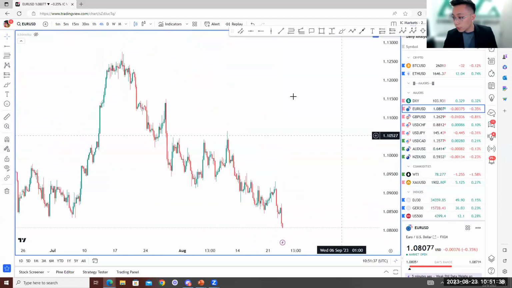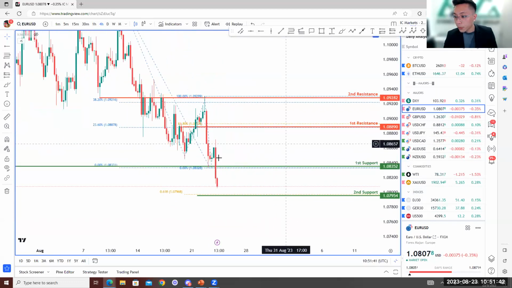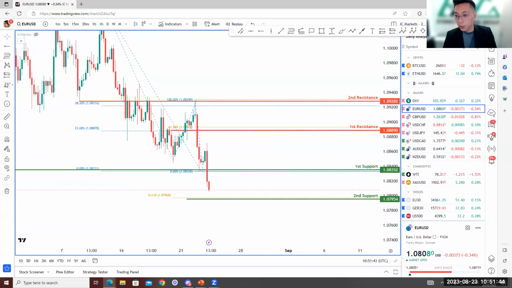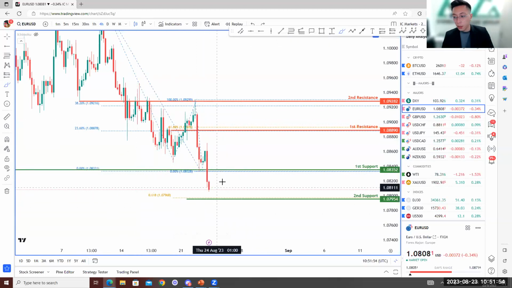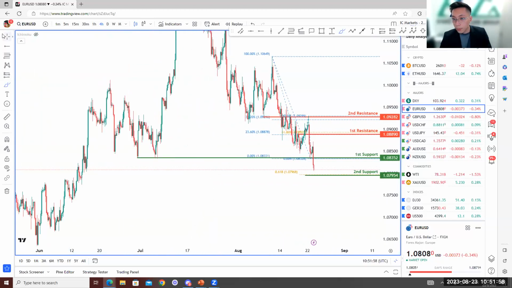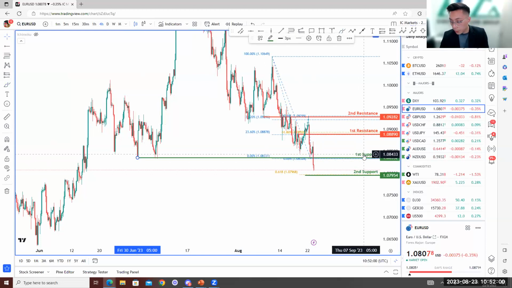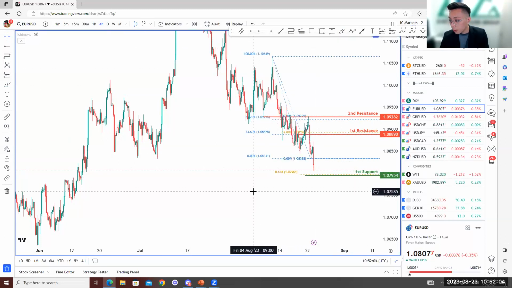Okay, so for Euro USD, we have a projection right here for the lows to the highs to the lows, right? So we predicted that price will actually come to this 61.8% Fibo retracement level. So this support has been broken, done. So this is our first support right now.